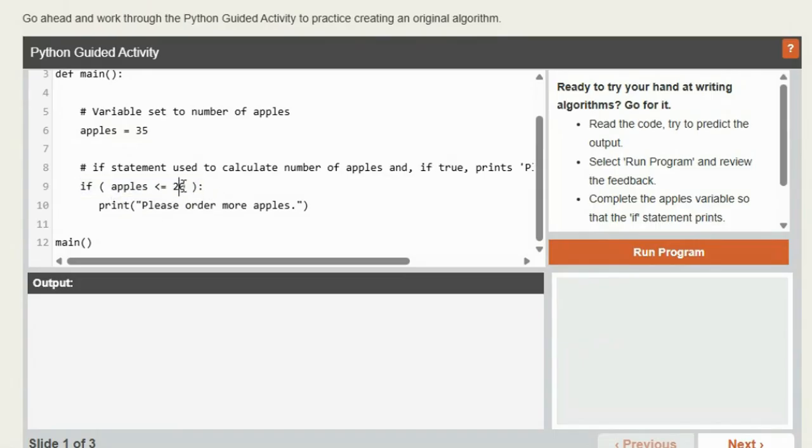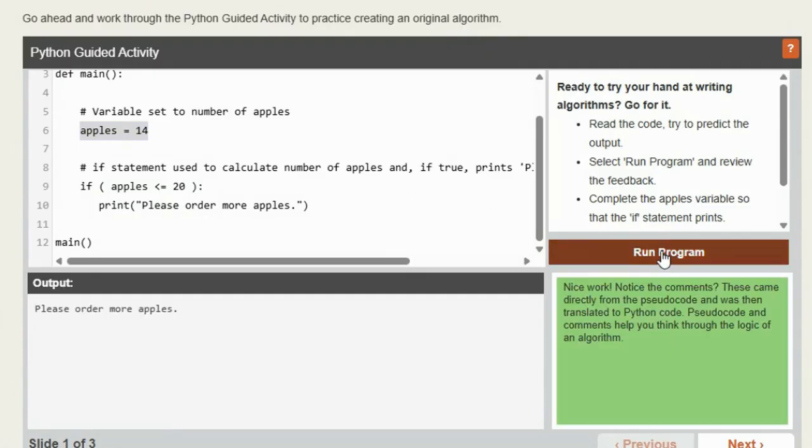But if it's more than 20, it doesn't do anything. So let's change this to like 14 apples. Okay, we've got 14 apples now. Apples equals 14. If we run that, now it printed out, please order more apples, because it got down to this statement. It said, if the apples is less than or equal to 20, print, please order more apples.